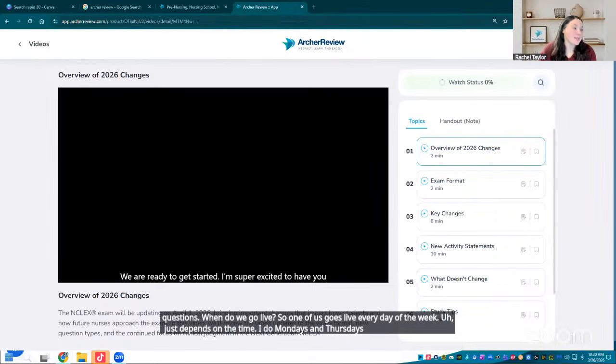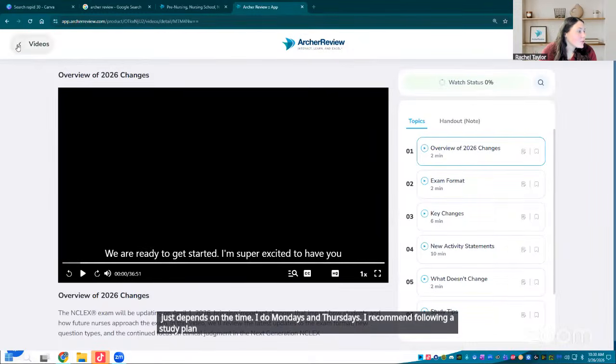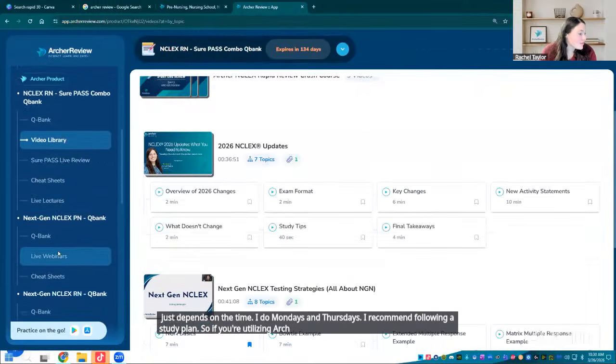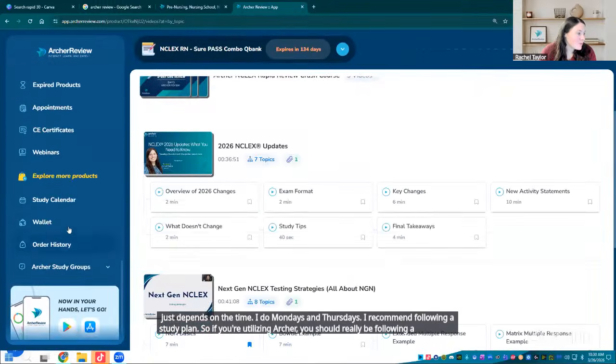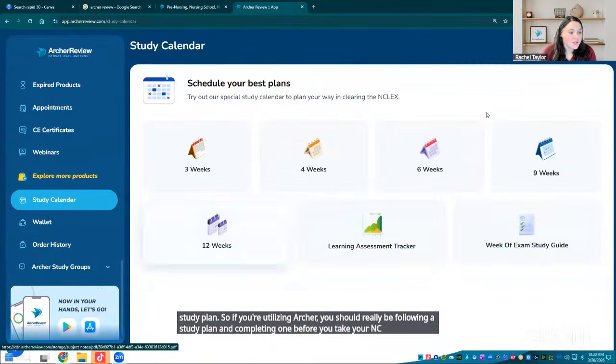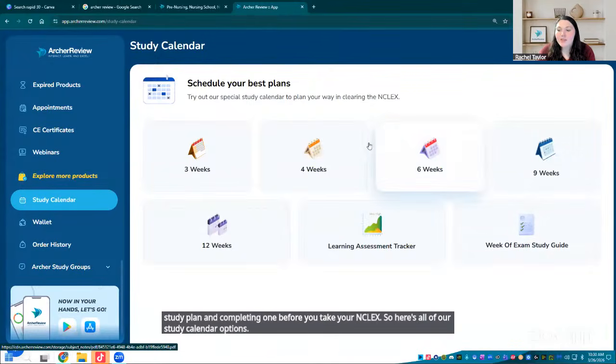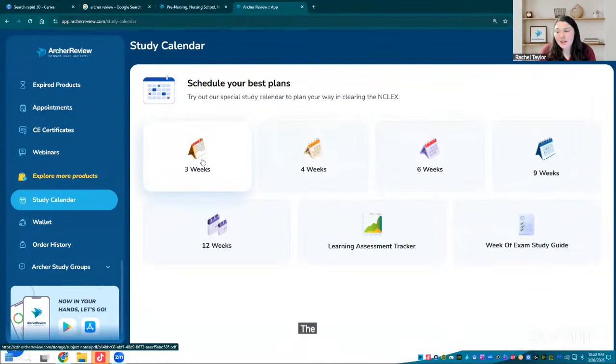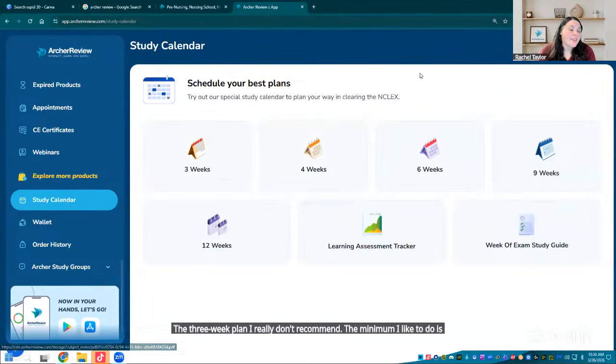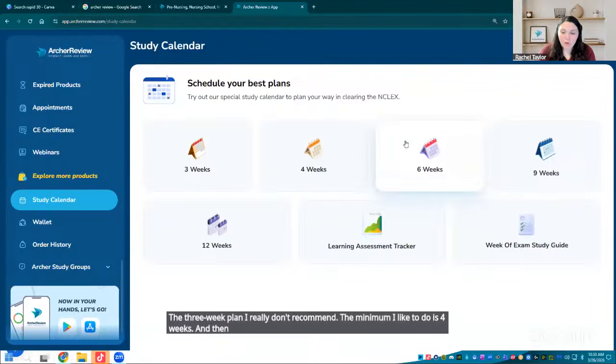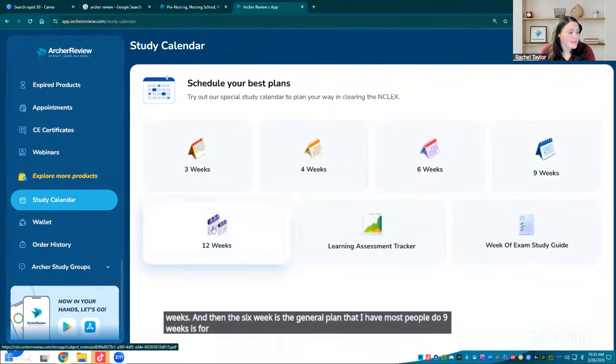I recommend following a study plan. If you're utilizing Archer, you should really be following a study plan and completing one before you take your NCLEX. So here's all of our study calendar options. The 3-week plan, I really don't recommend. The minimum I like to do is 4 weeks. And then the 6-week is the general plan that I have most people do. 9 weeks is for those who are working 12s, and 12 weeks is for repeat test takers.